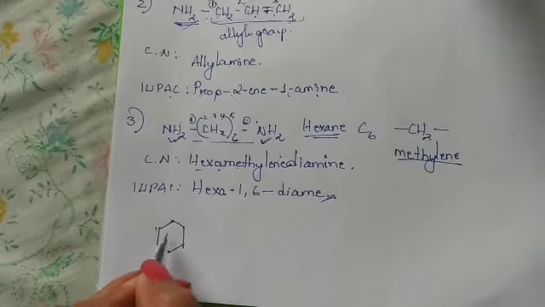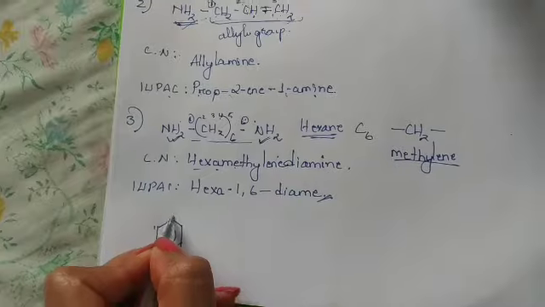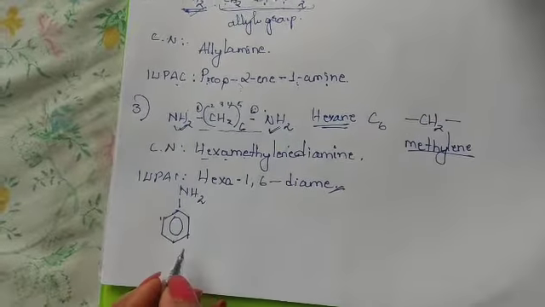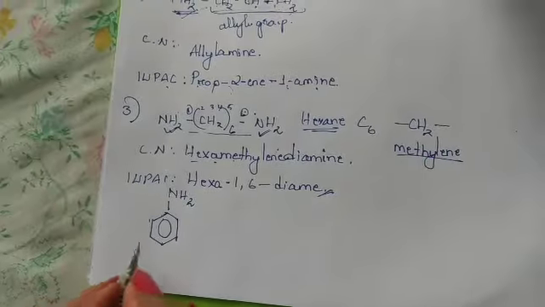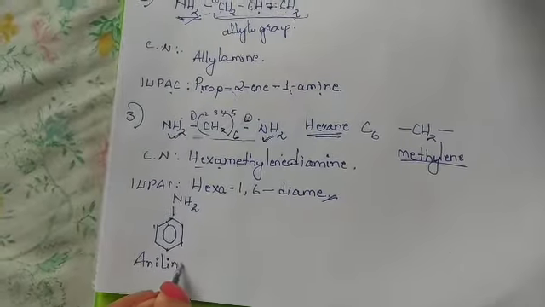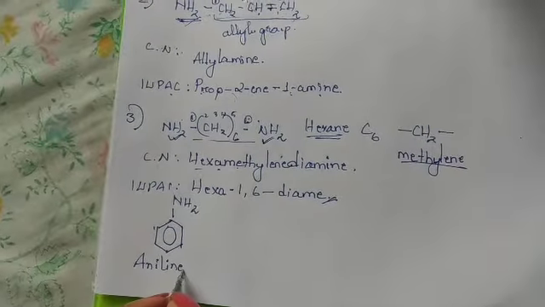Now let us check for aromatic amines. We have here aromatic amines, NH2. This is the simplest of all the aromatic amines. This compound is known as aniline, or benzenamine.